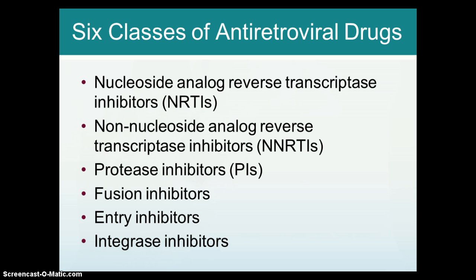If we know the function of reverse transcriptase and we understand that inhibitors block its action, we know how the drug works. Same with the protease inhibitors, fusion inhibitors, entry inhibitors, and integrase inhibitors.